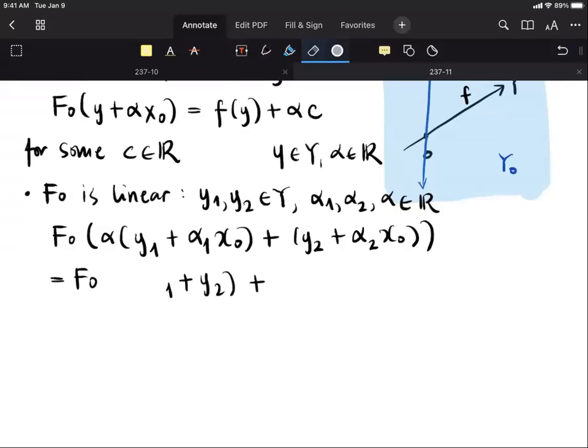So alpha should be only multiplied in y1, plus alpha 1 plus alpha 2 x naught.